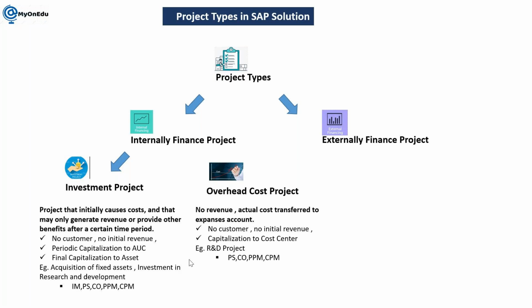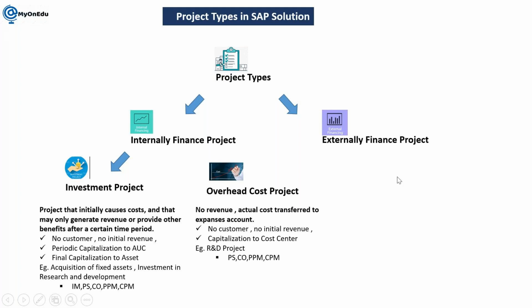Whatever amount I put into the maintenance, such as resources or small materials, has to become expenses. Another example is an R&D project, where you don't know whether it will become beneficial or what the outcome will be, so whatever amount is incurred goes into expenses. This kind of project we can implement in PS, CO, PPM and CPM.